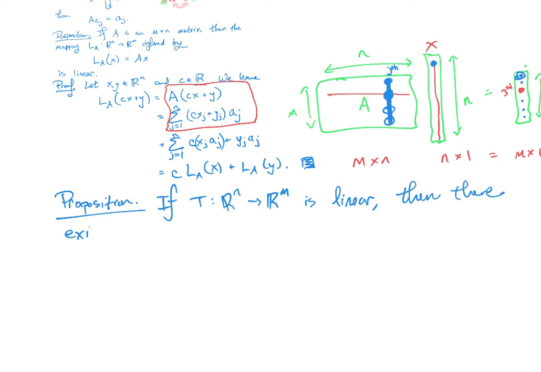And we would like to claim that there is a unique m by n matrix A such that our transformation is the left multiplication by A linear transformation.